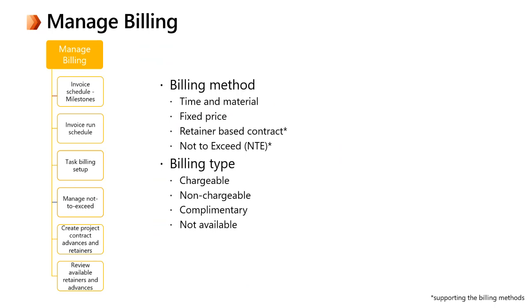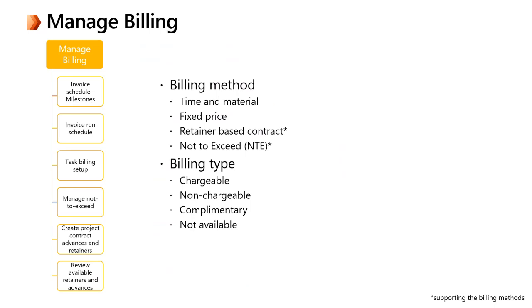The second step down, detailing the billing, is the billing type. So we distinguish chargeable, non-chargeable, and complementary billing types, which are a field on all the transactions that are going through our billing and invoicing.